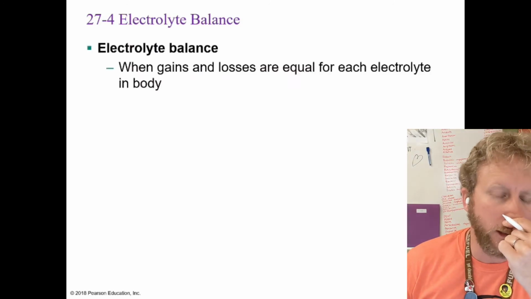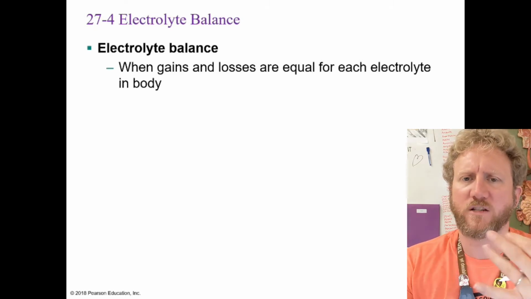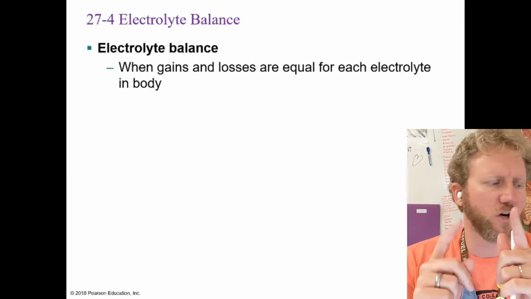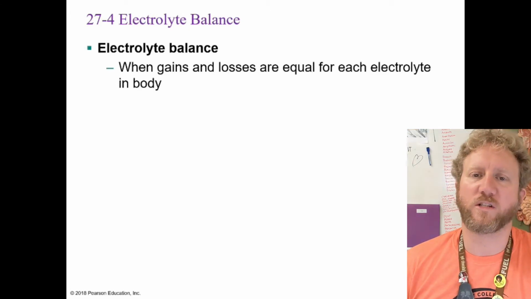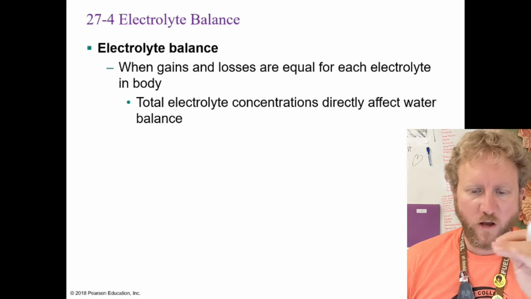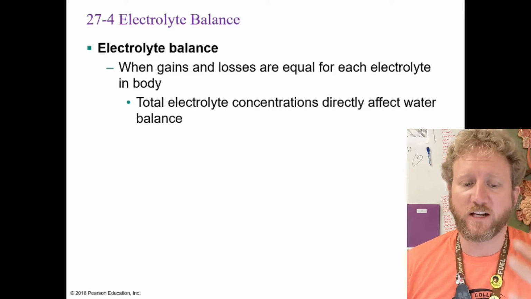All right, so when we're talking about electrolyte balance, we're talking about the gains and loss of electrolytes, those ions like sodium and potassium and phosphate, positively and negatively charged particles, balanced between what's coming in and what's going out. Total electrolyte concentrations affect water balance.